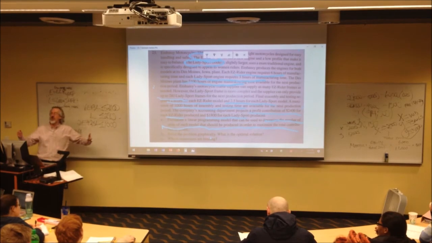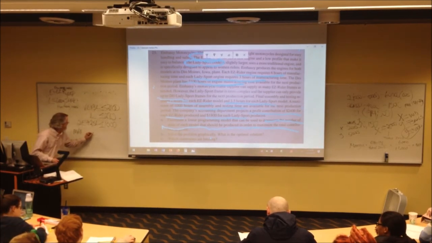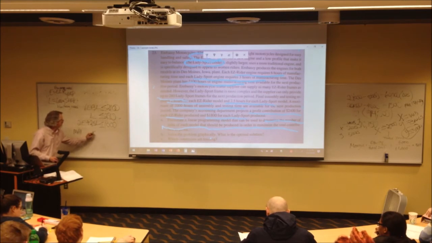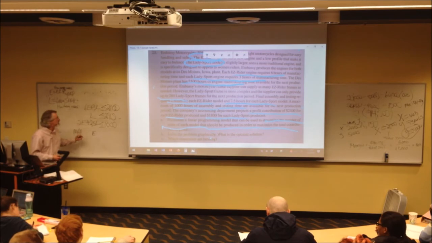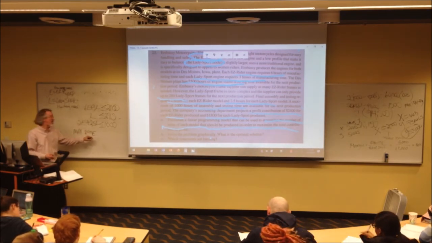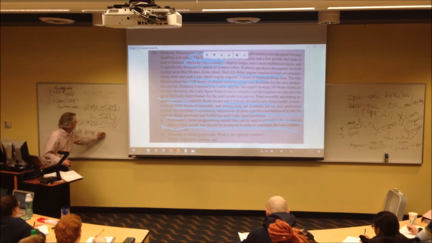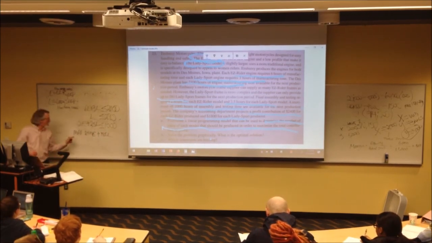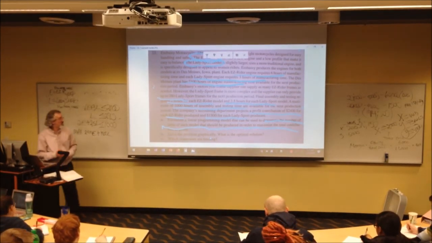What's the word I'm looking for? Profit contribution. So, E is Easy Rider. How much profit will it contribute when we finally find the optimal amount of Easy Riders we should make? 2,400? Yeah. 2,400 times however many Easy Riders plus what's the profit on the Lady Sport? 1,800 times the Lady Sport. There's our objective function. There's the whole story.